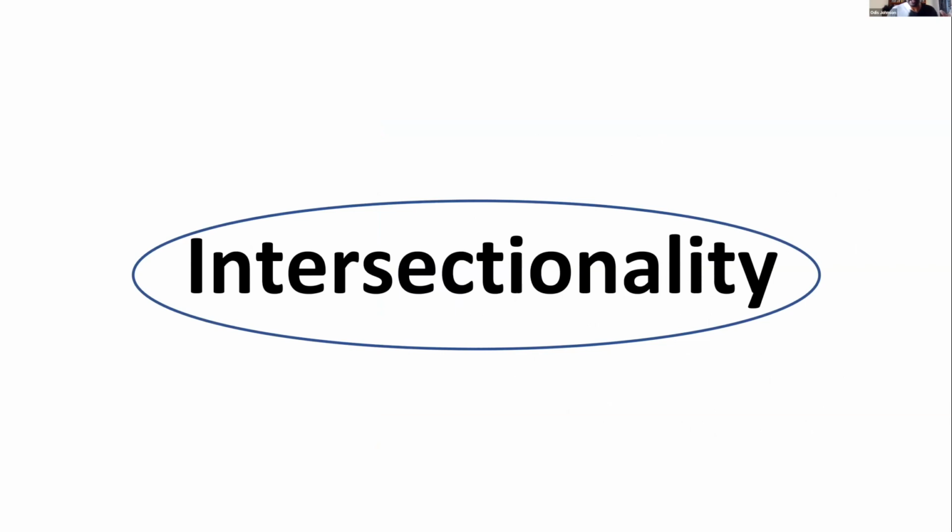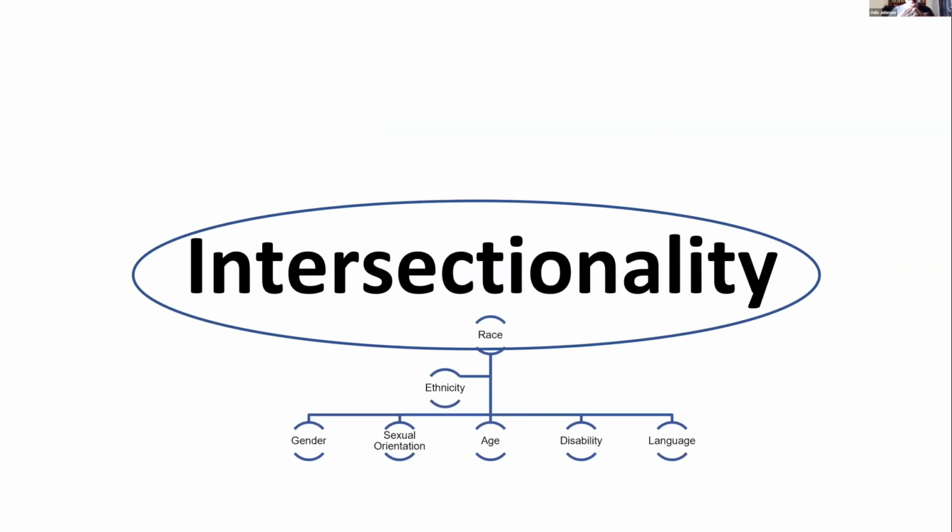Here I have intersectionality, and a lot of times we think of intersectionality according to race, ethnicity, gender, sexual orientation, age, disability, and language. So I have that there for you. But I often see in work people thinking about intersectionality from the standpoint or viewpoint of the person, meaning it's an identity. And I'll say perhaps, yes.